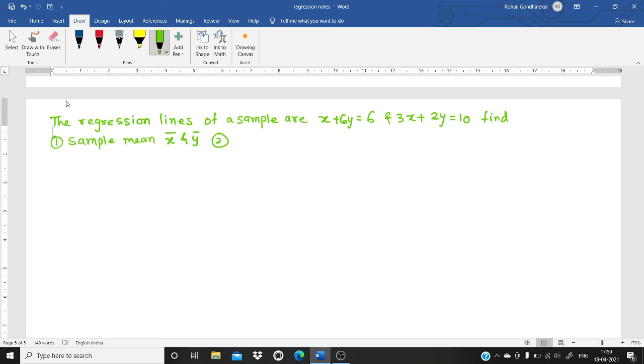Number 2, the coefficient of correlation, that is r.